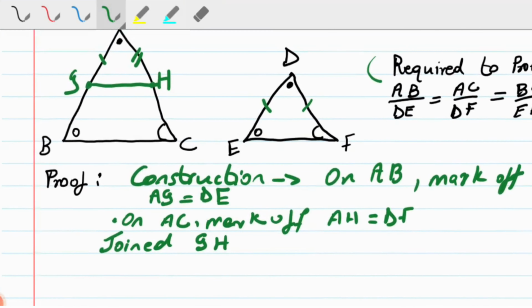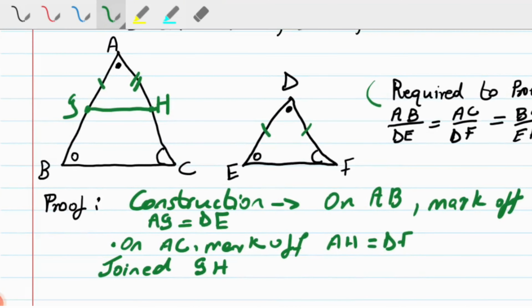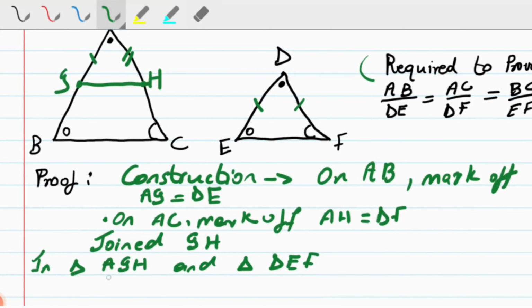After the construction, we're going to focus first on triangle AGH and triangle DEF. In triangle AGH and triangle DEF, we know that AG is equal to DE.